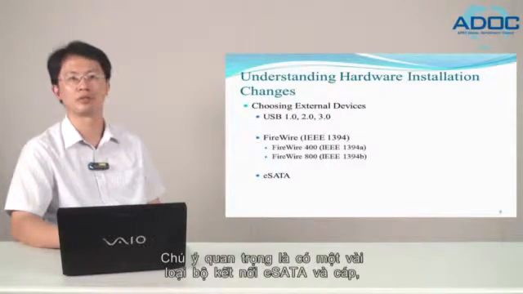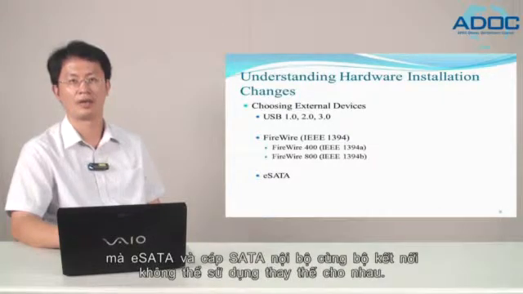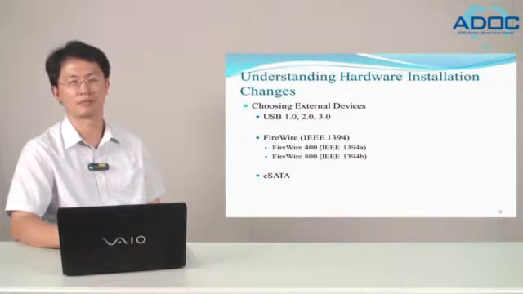It is important to note that there are several types of external serial ATA connectors and cables, and that eSATA and internal serial ATA cables and connectors cannot be used interchangeably.